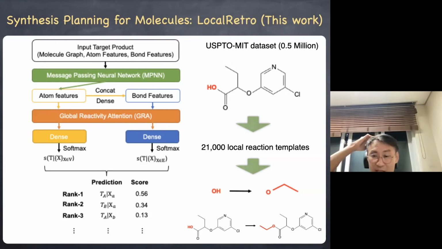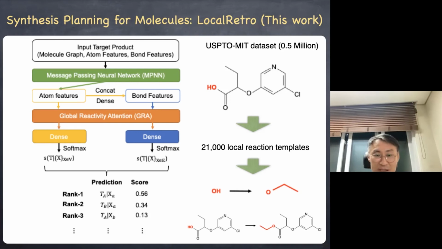And then you can train the model such that it predicts the conditional probability of each atom or bond going through different kinds of reaction templates. So the dimension of this prediction vector would be 20,000 times the number of atoms and number of bonds.